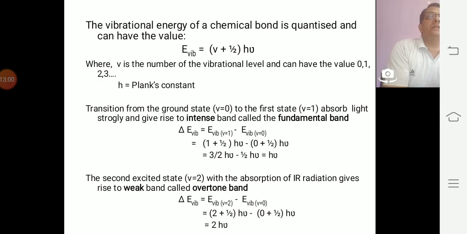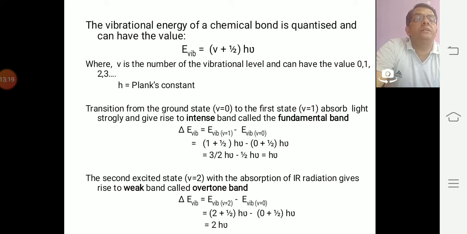The vibrational energy of a chemical bond is quantized and can have the value E vibrational equal to (V plus half) h nu, where V is the vibrational quantum number and can have the value 0, 1, 2, 3, and h is the Planck constant.